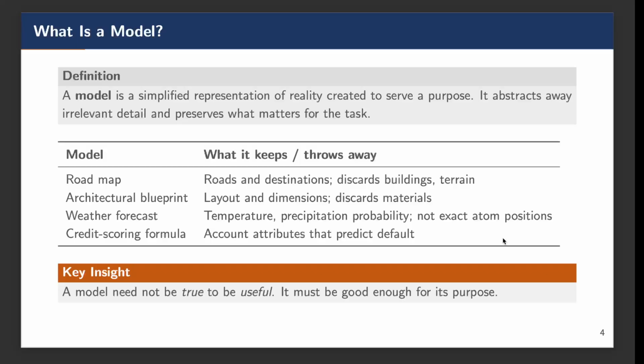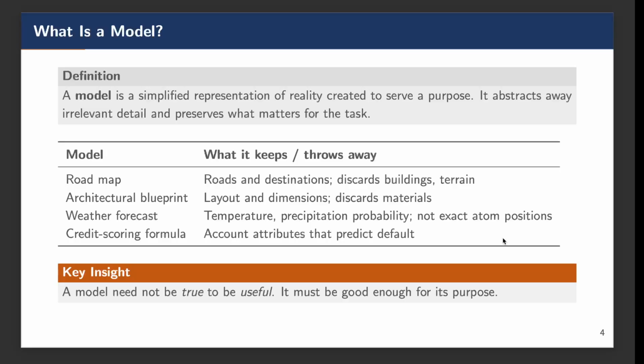Another example is an architectural blueprint. They keep the layout, but they discard the specific materials, because the most important thing when you look at an architectural blueprint is the layout.